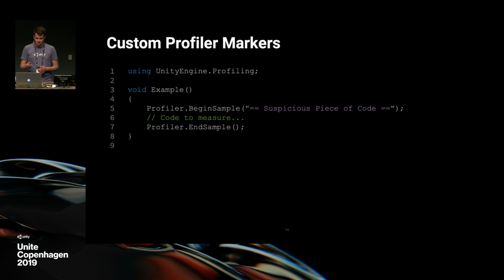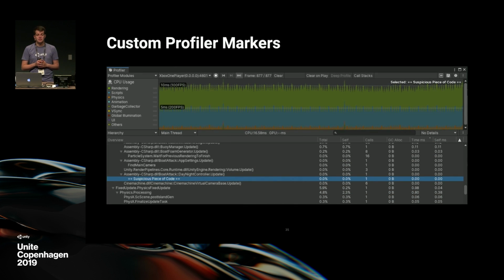And once you've done that, the sample name that you use will appear in the Unity profiler, allowing you to see the exact timing of that block, as well as view any allocation within it. And again, you don't need to use deep profiling to use these custom profiler markers. And because the profiler markers get compiled out of release builds, you don't have to worry about removing them later on.